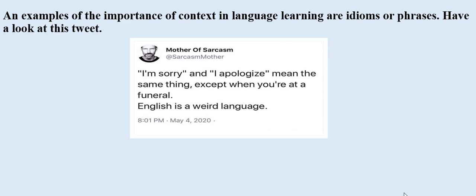Because these two phrases have exactly the same meaning, but in different contexts, in different situations, in different moments, they do not have the same meaning. They have a totally different meaning. And this is a clear example of what I'm saying.